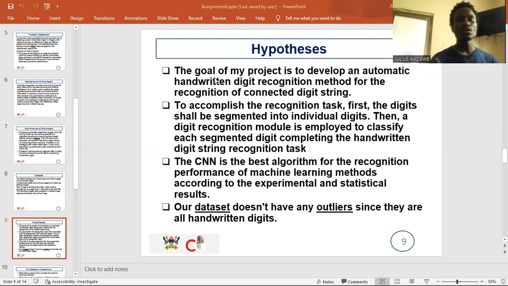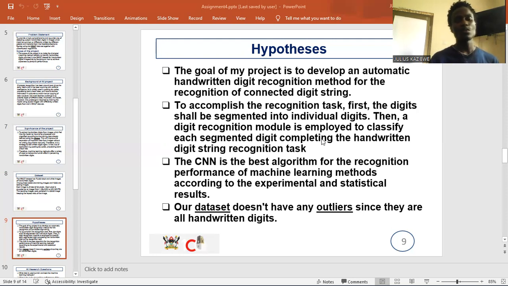So the system is meant to do that. That's one of the hypotheses, and we accomplish this task by segmenting the individual digits from these images, and then we classify them accordingly, and that makes a prediction.